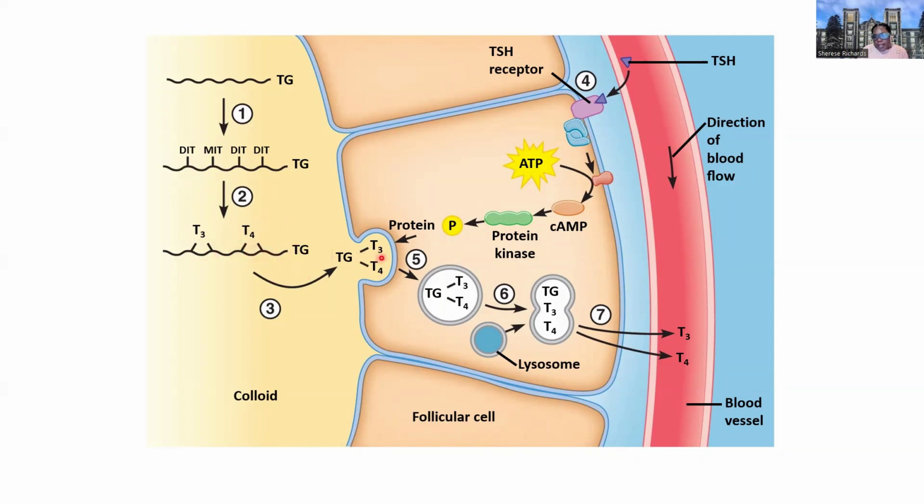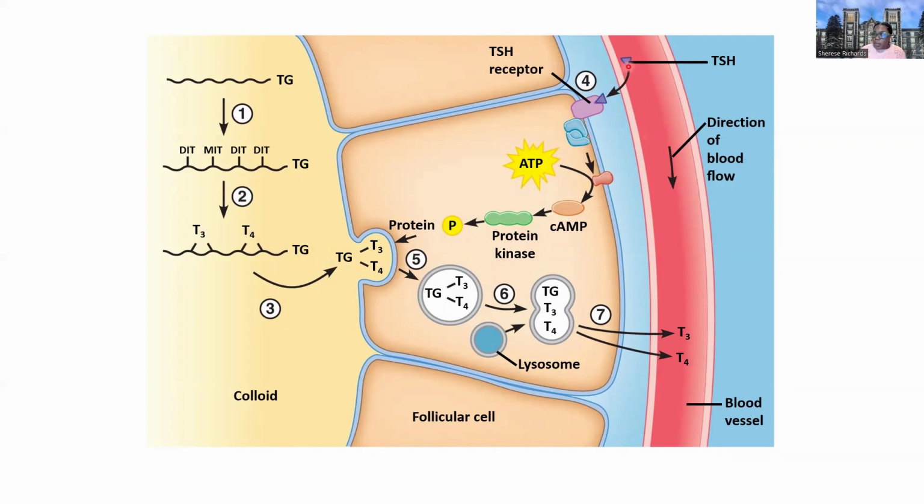So that is taken up into the follicular cells, and that is transported through the cell in these vesicles, and then released into the bloodstream as thyroid hormone. Now, if we look at the precursor steps upstream, in order for this to be taken up, TSH has to be in the bloodstream.